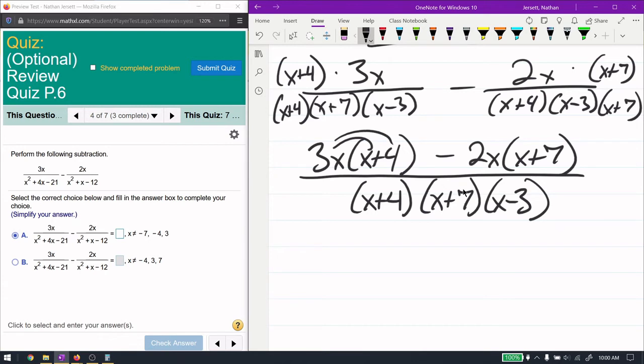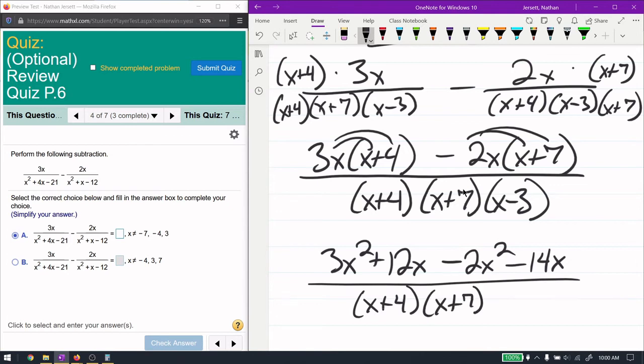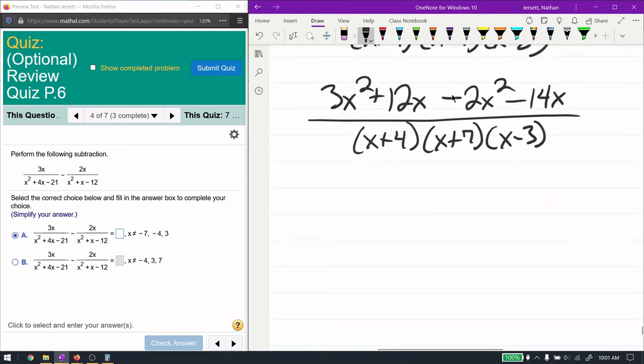So distribute the 3x, distribute the negative 2x, gives me 3x squared plus 12x minus 2x squared minus 14x. Leave the bottom factored. We're going to have to factor everything in the end anyway, so that we can cancel common factors. So just better to leave it all factored in the bottom.